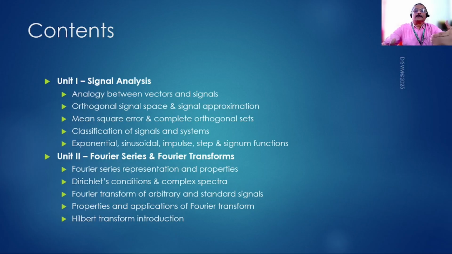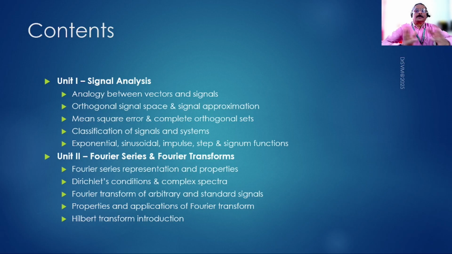This is what we call analysis. And on the other side, we know what the input is and we know what output we want, and we want the system that can convert our input into the output. So we want to know what exactly the system should be. That is what we call synthesis or design.